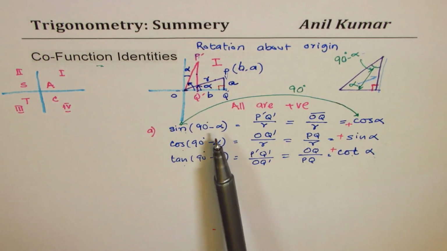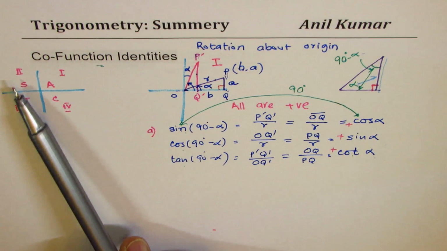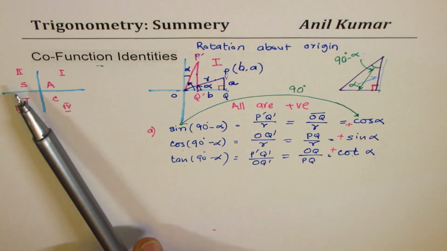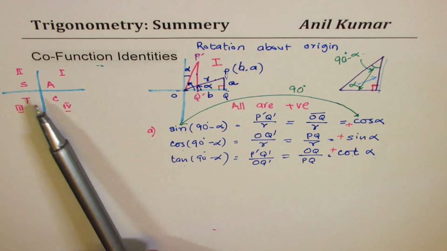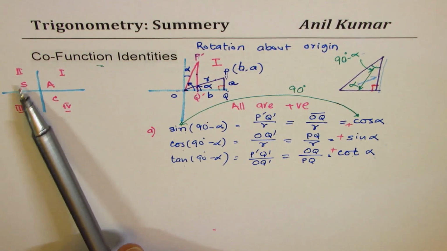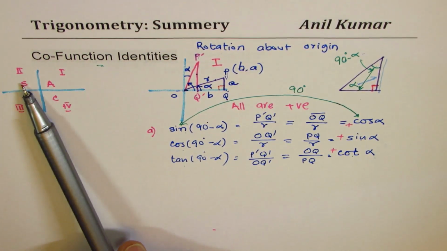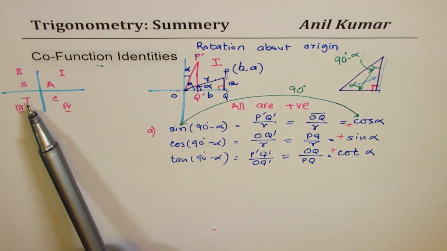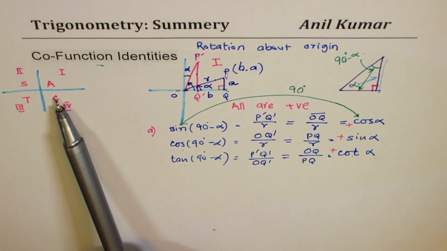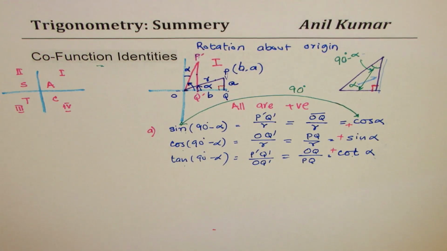But when we do similar operations in quadrants 2, 3, and 4, all are not positive. If I do something in the second quadrant, sine will remain positive. In quadrant 3, tan is going to remain positive. In quadrant 4, cosine is going to remain positive. Is that concept clear? That is what is most important. So take your time to digest this much.